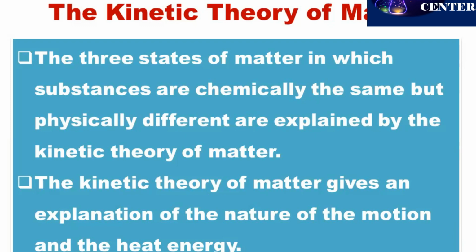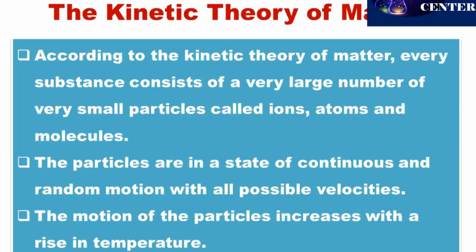The three states of matter, in which substances are chemically the same but physically different, are explained by the kinetic theory of matter. The kinetic theory of matter gives an explanation of the nature of the motion and the heat energy.